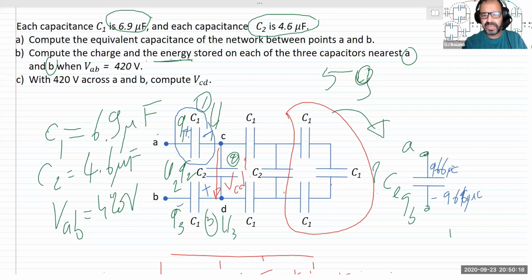This negative 966 was split between this side and this one. 644 went already here. So I know how much went to this C1 if somebody asks me how much went to C1. Because of this charge of 966, 644 of it went to this capacitor. I just calculated it. So the difference is what went into C1.